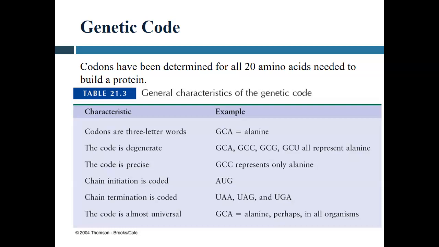So that's kind of a marker on the messenger RNA to say this is where you start coding, this is where you start translating. Any one of these 3 combinations, UAA, UAG, UGA, those are all stop codons, termination codons.